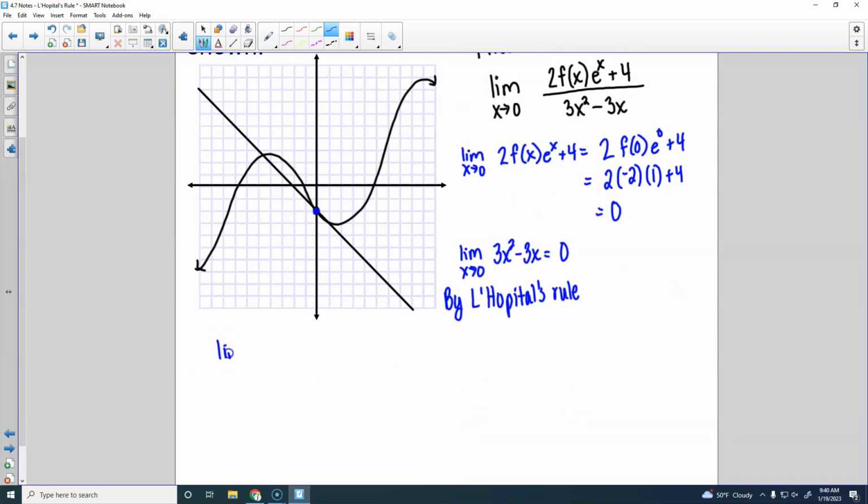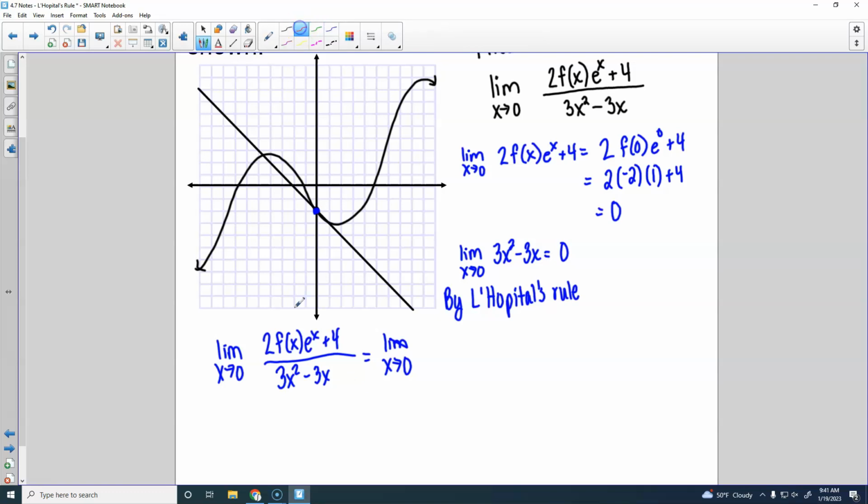The limit as x approaches 0 of 2f of x e to the x plus 4 over 3x squared minus 3x is going to equal the limit as x approaches 0 of, what have I got to use to take that derivative? This one's not going to be calculator active.